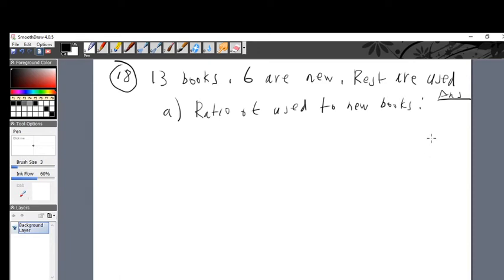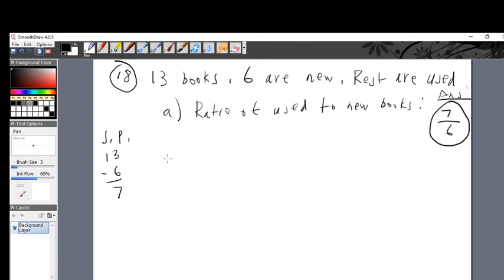If the rest of the 13 are used, 13 minus 6 is 7. The 7 are used and 6 are new. The ratio of used, so the 7 should go on top. On the scrap paper, 13 minus 6 is equal to 7. 7 is for used, and the new is 6, so the ratio is 7 to 6. That's it.